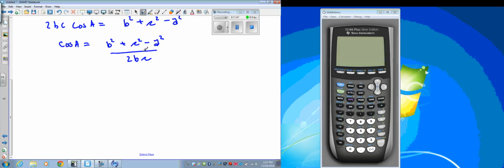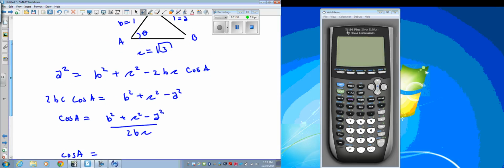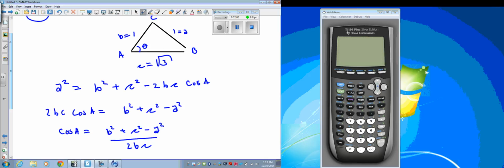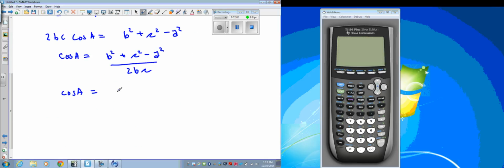a number that's calculable. So at this point, I'm just going to put values in. And notice that A and B are 1, and C is the square root of 3. So B is 1 squared plus square root of 3 squared minus 1 squared, over 2 times 1 times the square root of 3.